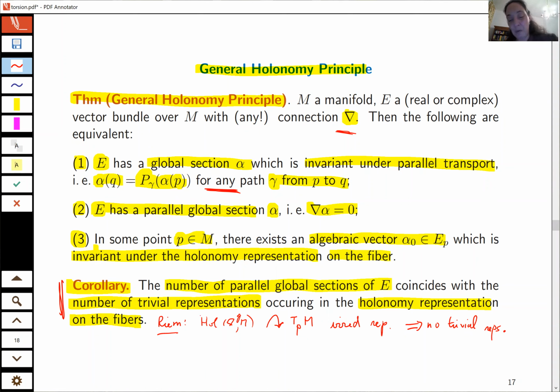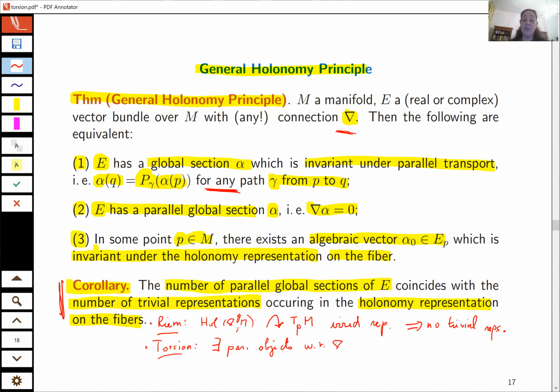But if we now have torsion, then we are going to have parallel global sections, and these parallel global sections will in general exist: parallel tensor fields, spinor fields, or whatever parallel objects, okay, with respect to the connection nabla.